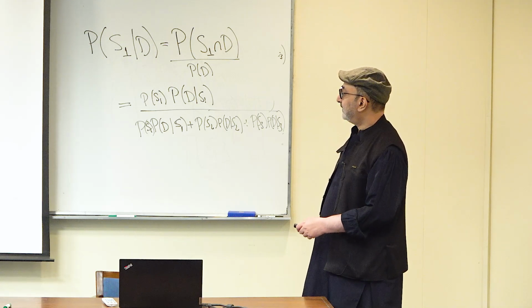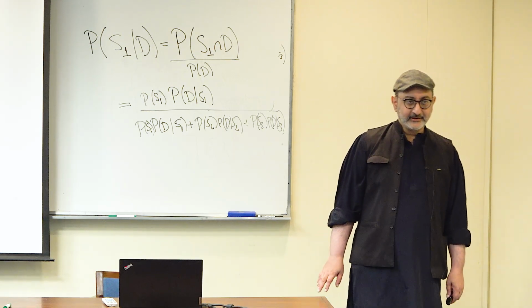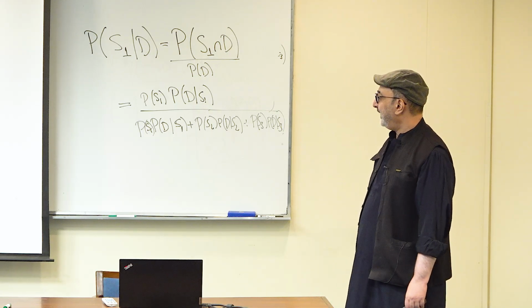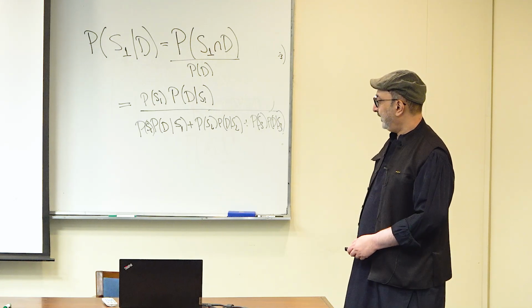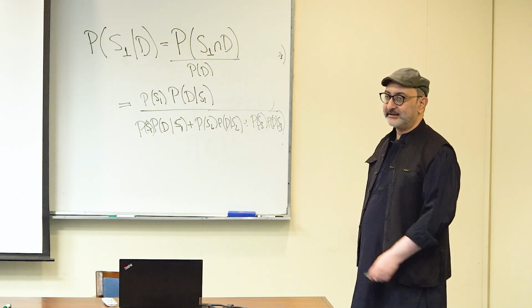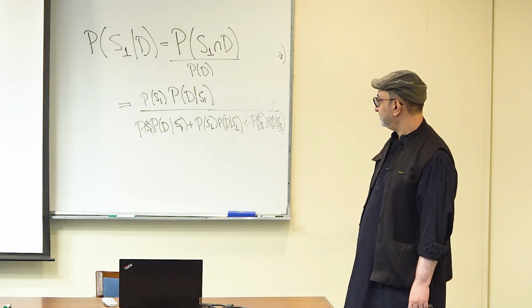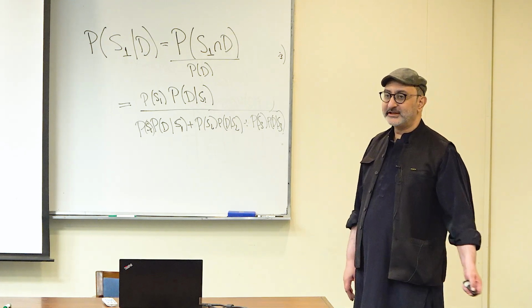This is the business that we've done here. And we plug all the numbers in. If I've done my arithmetic correctly, you'll get about 0.37. Okay, any questions about that one?